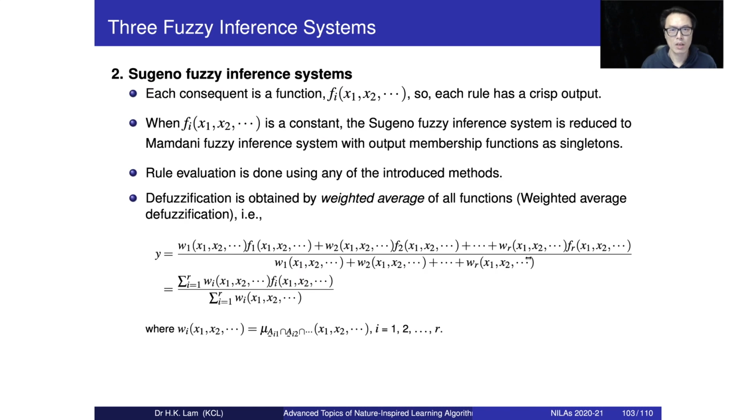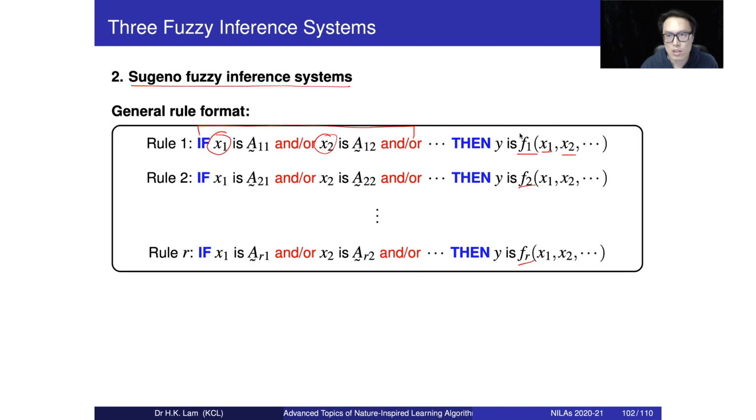Now here are some details about how we form the output y. That is the way we do the defuzzification. If you look at the details, it is a weighted average, where y equals w1 times f1 and so on. f1 is this function. w1 is, after rule evaluation, the contribution made by rule 1, and for rule 2 we have w2, and then up to rule r, wr.